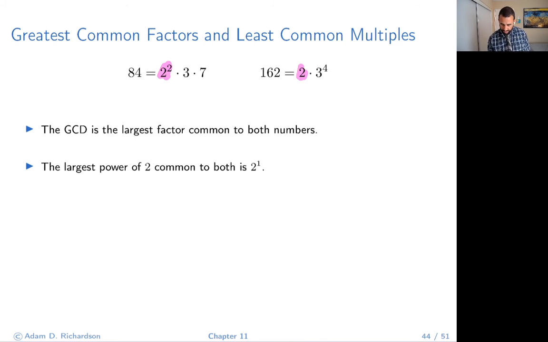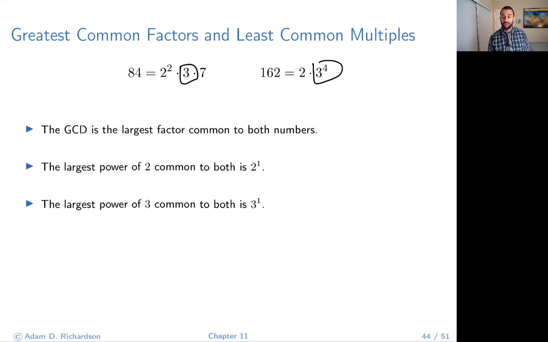Okay, so we're going to need that. The largest power of 3 common to both of them is 3. This number only has 1 3 in it. This number has 4 3's in it, but if I try to include more of these 3's, then I'm going to lose 84. So that's the idea.